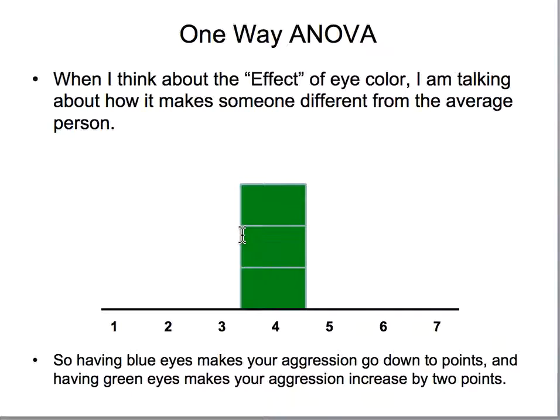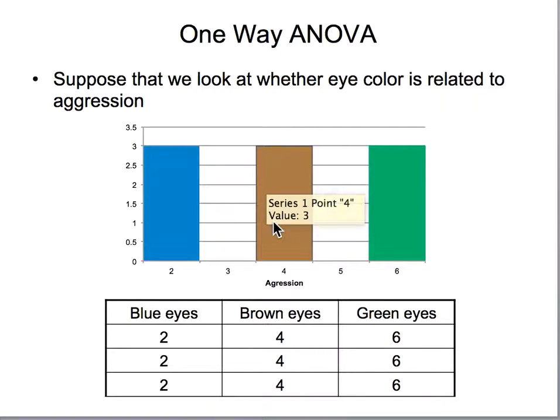Ultimately, when we think about the effect of eye color, I'm talking about how it makes somebody different from the average. And as we've seen, there's an average value of 4 for aggression ratings, as we saw here. Now, the effect of having blue eyes means that you have 2 points fewer on the aggression scale than the average person.